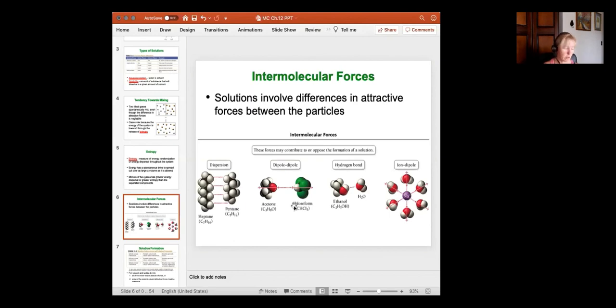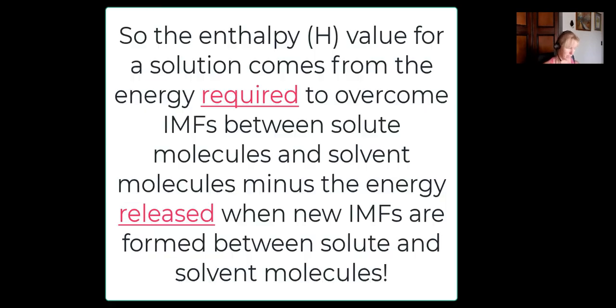When we think about enthalpy, we're going to look at how much energy we have to put in to break the intermolecular forces happening within the solute and the solvent, and then the energy we get out when we form new intermolecular forces between the solute and the solvent. So that's where we're going to stop right now.